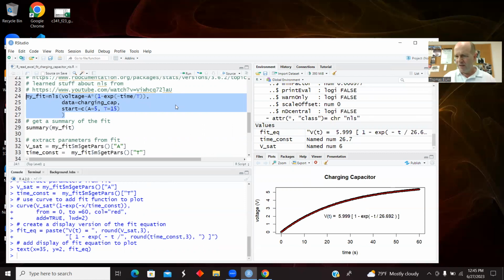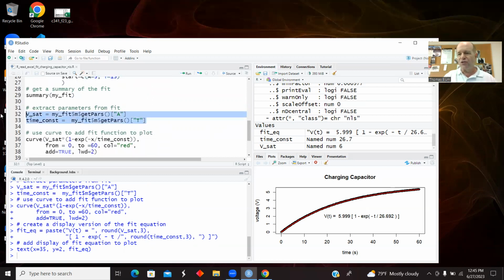The discharging capacitor is just a pure exponential, and I could work with a linear model and play some tricks. But this form required me, if I didn't want to play too many tricks, to use the NLS: put in the form, put in the data, put in a starting place, and then extract these parameters from that fit. So that was the game. That's what I wanted to show you.